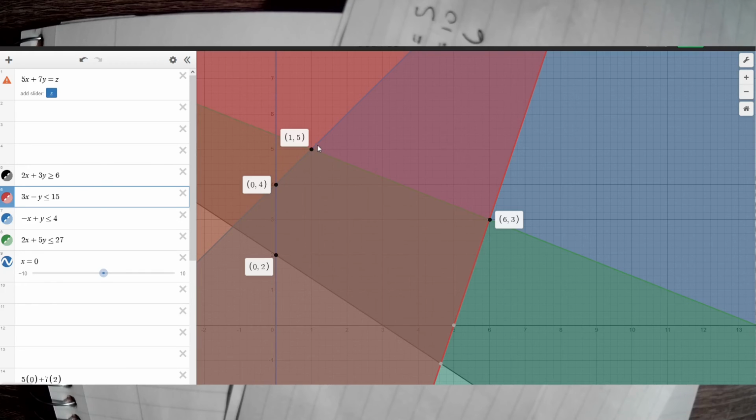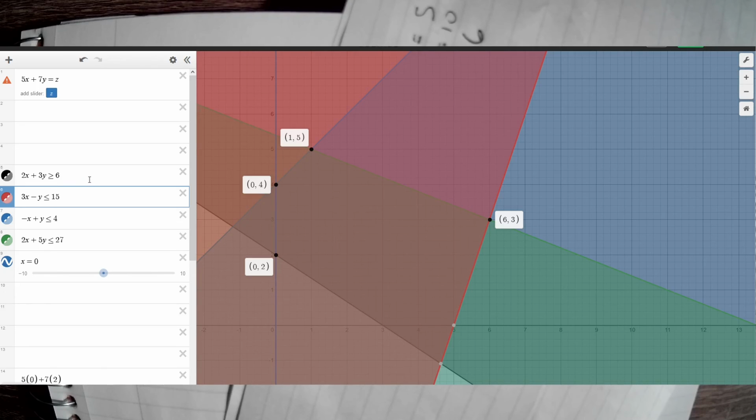This green line, blue line, we'd find the solution between this blue equation and green equation. We'd have 1, 5. This vertex, solution between red and green, we'd find the solution between these two equations. This black one and this tall blue one would be this black equation, this blue equation, right?